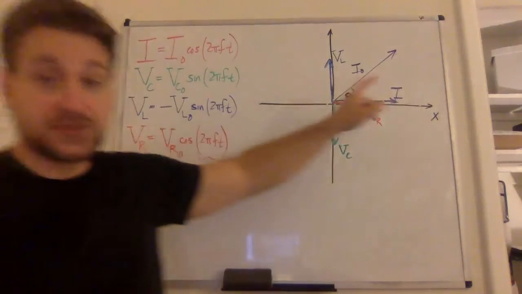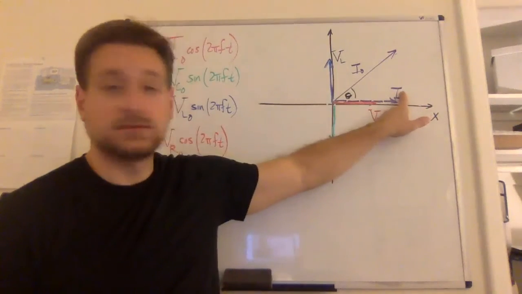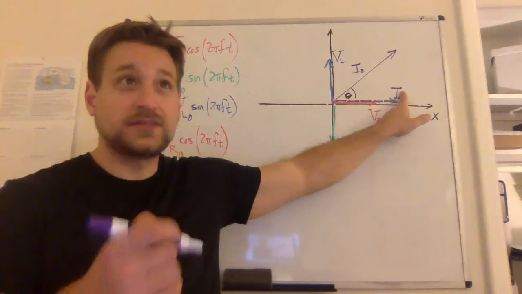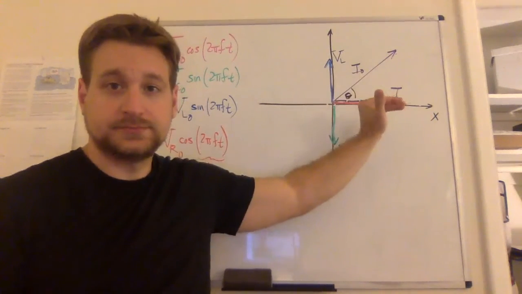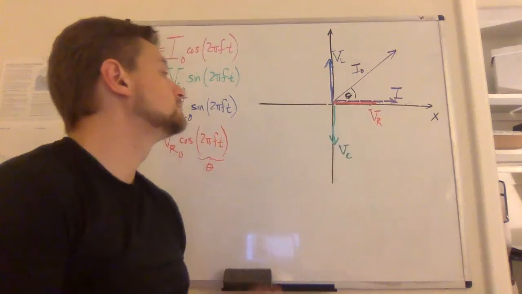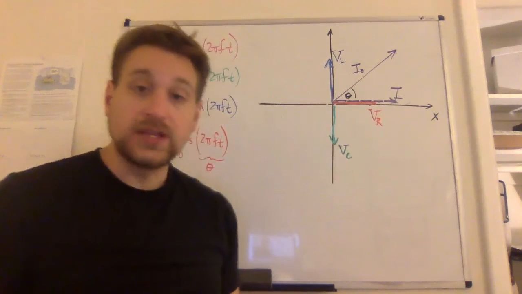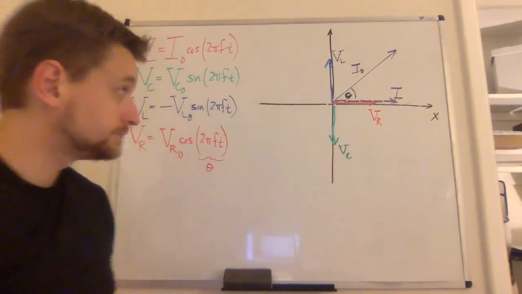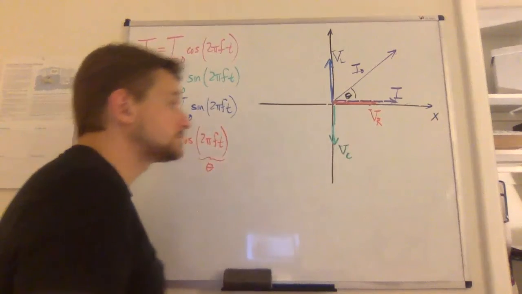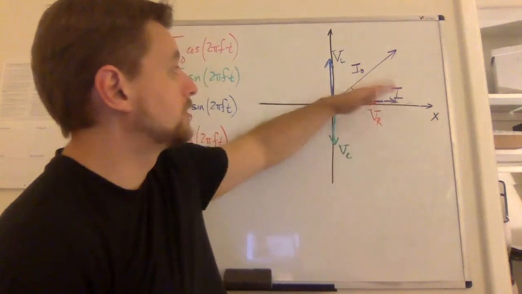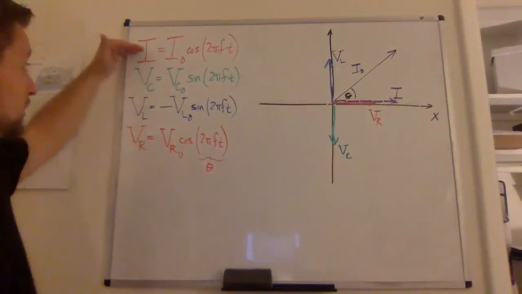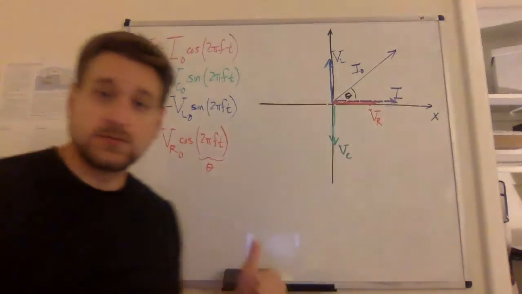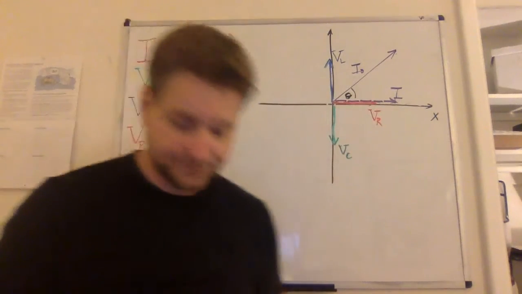I, as a function of time, is the x component of the current phasor. When we rotated the current, we had to rotate the resistor as well, because the current and the resistor are in phase. Whatever the current does, the resistor does too.